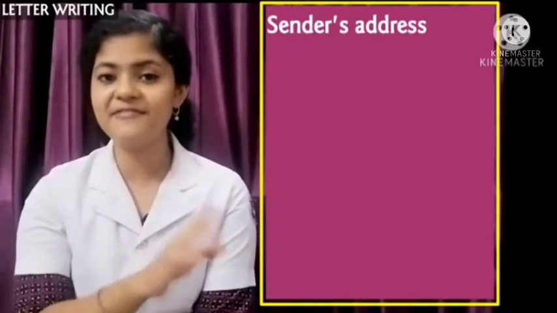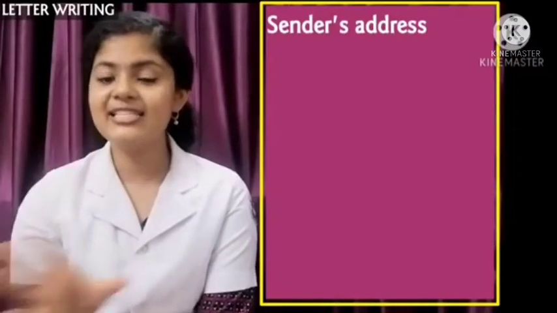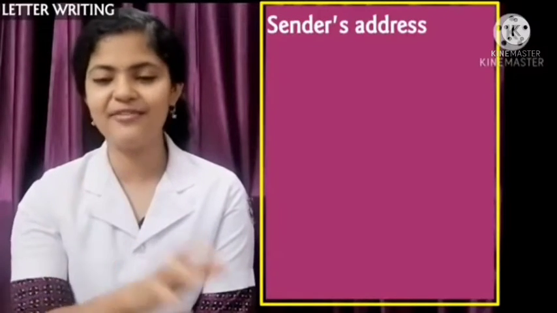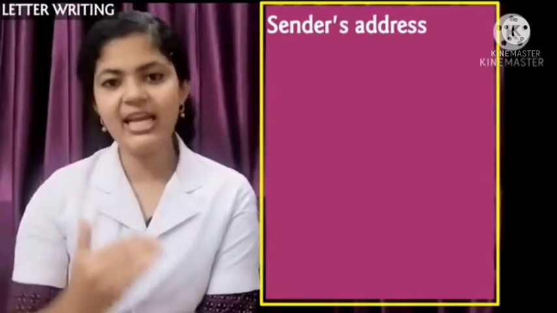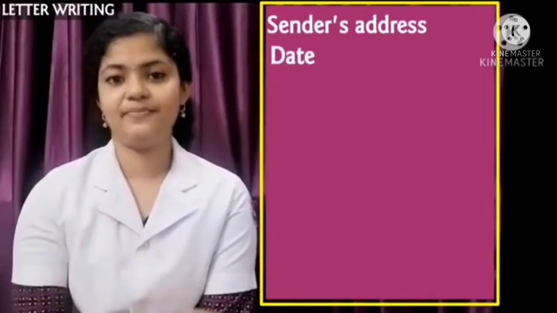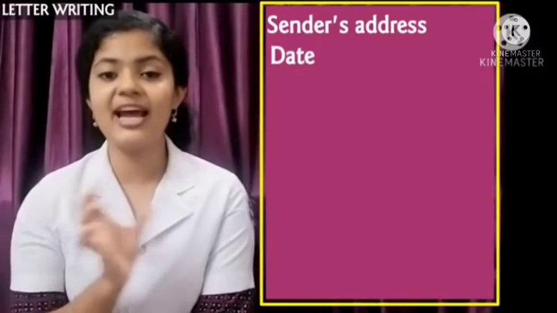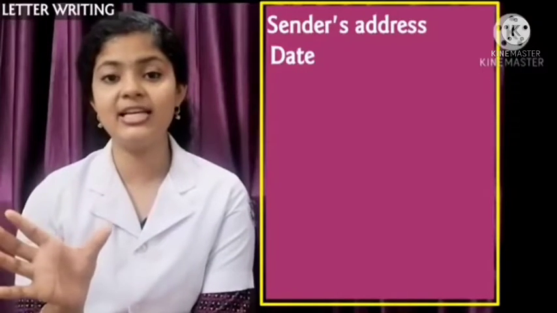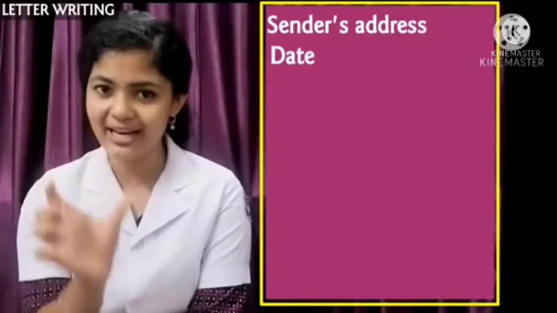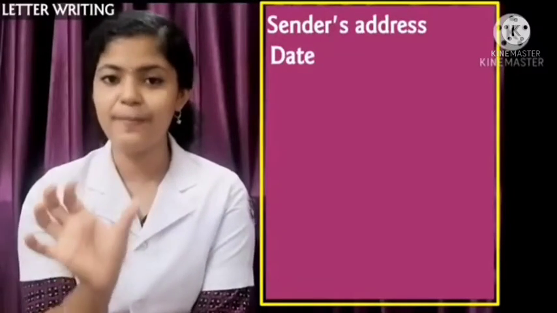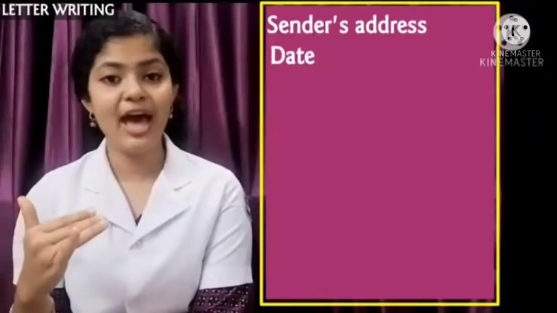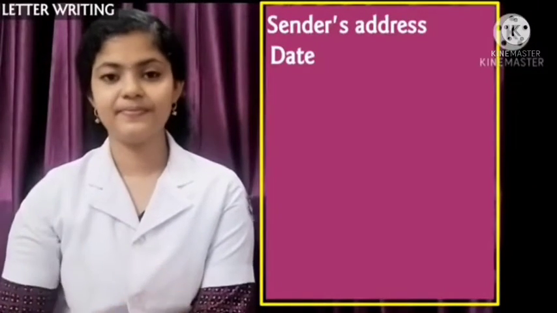Then below that, you have to write the date, the day on which you are writing the letter. If you are writing on 2nd October 2020, you write it like that. So below the sender's address, you write the date.